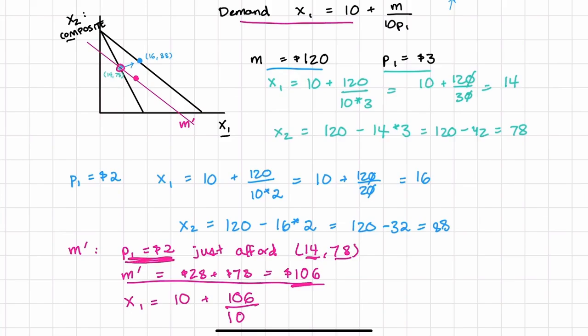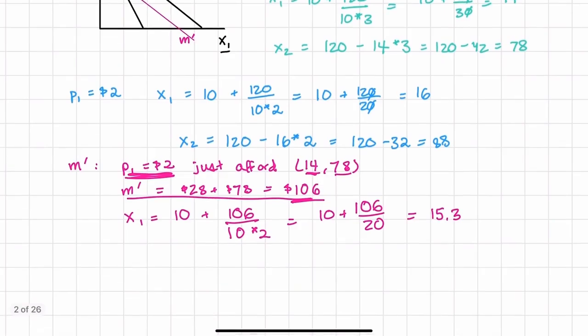Our relative prices are the new ones, so times 2. 10 plus 106 divided by 20, and 106 divided by 20 is 5.3. Add that to 10, we get 15.3.